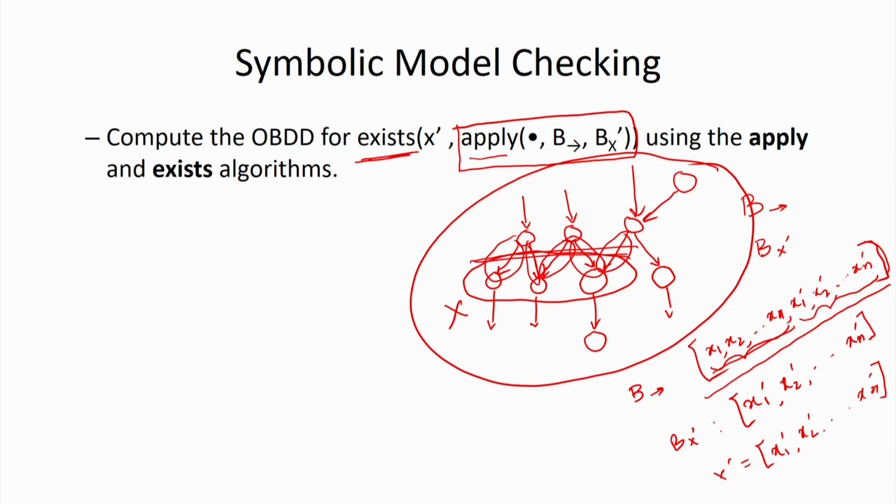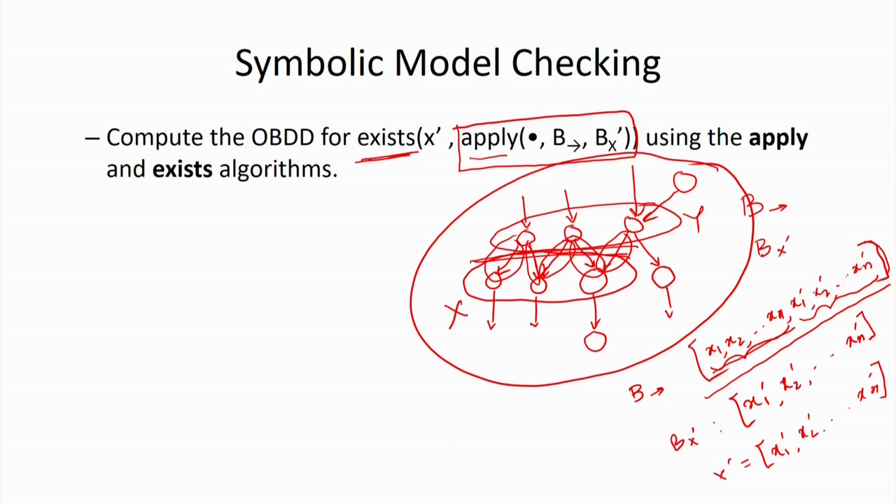Okay. Now, what are we considering? We are considering all those particular transitions, and now we are relaxing on the next state variables. Now, we are going to get a BDD which has only the present state variables. That means, the resultant BDD is going to represent this particular set of states y. Okay.